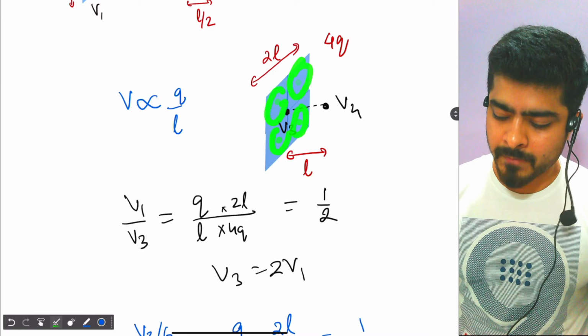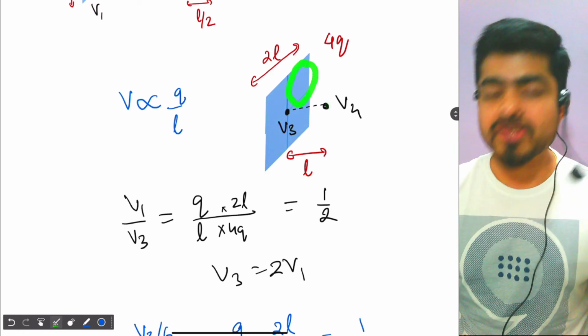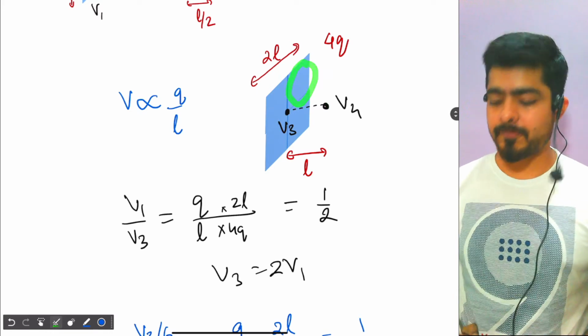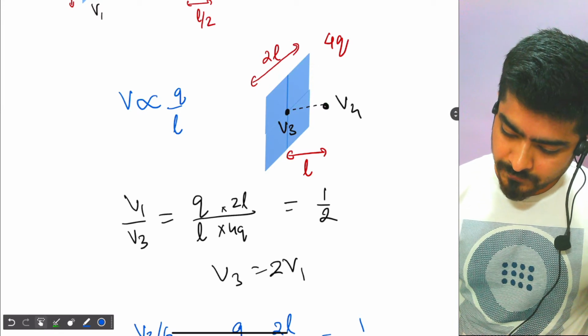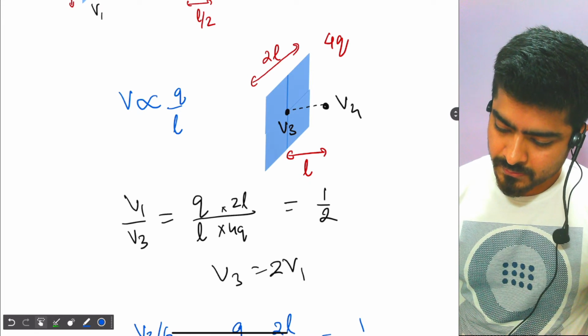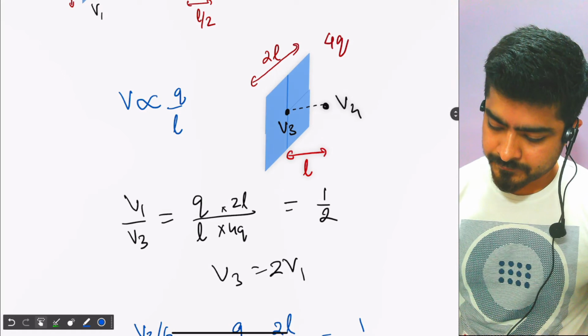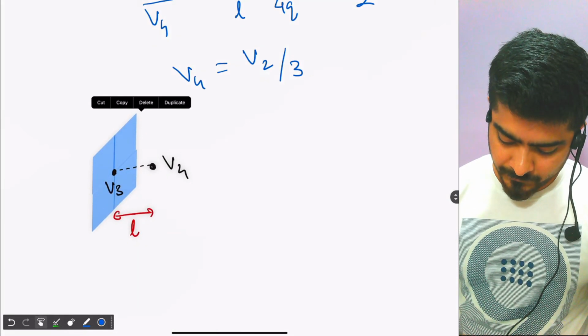These four plates combined are creating potential V3 and V4. So what is the potential due to a single plate? Now we've got a symmetry over here, right? So let's take this situation and copy it. We got V3 and V4, correct?